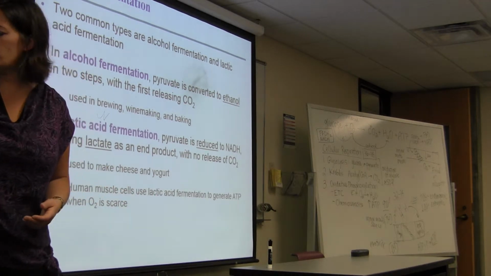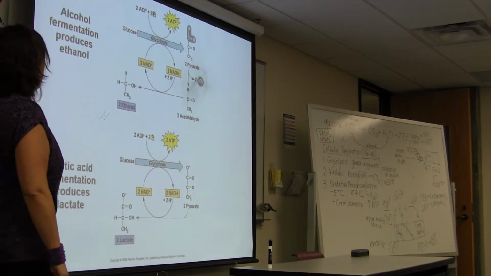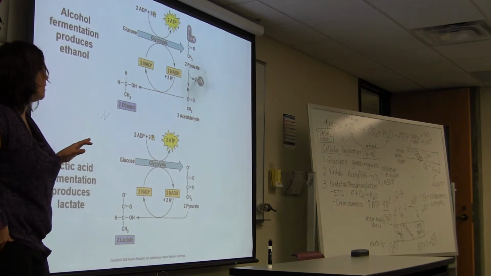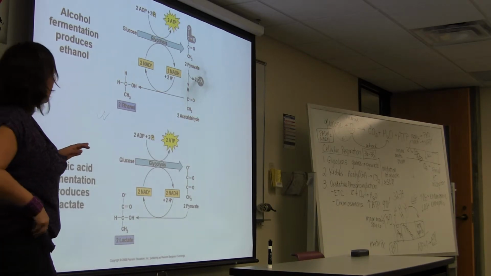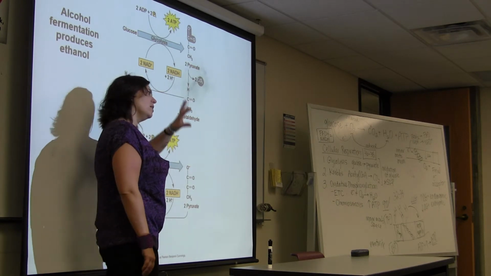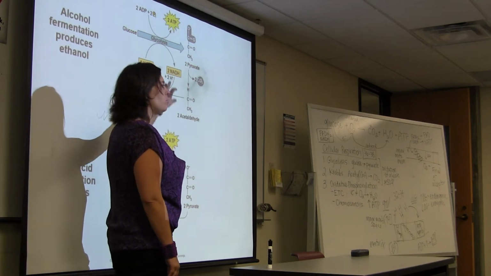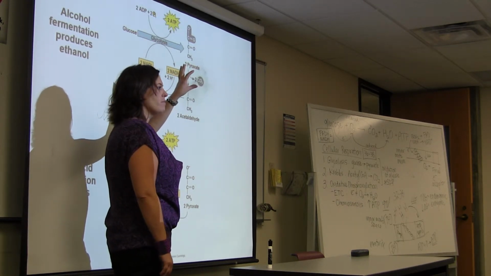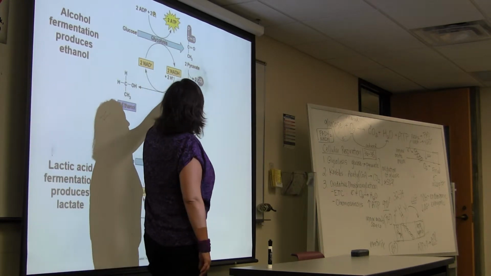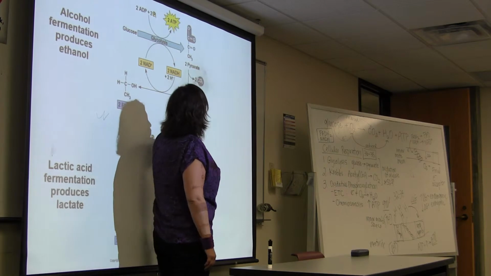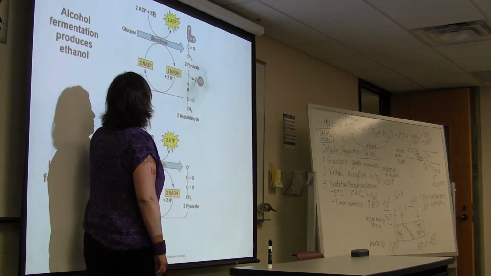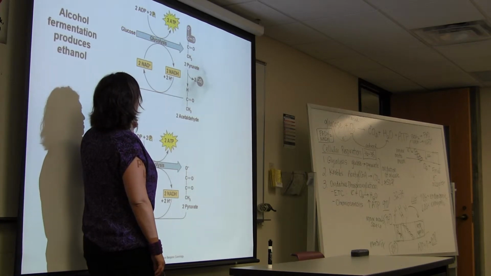All right, so anyways, let's go back and look at both types of fermentation. The top one is going to be alcohol fermentation. And again, in both of these processes, glycolysis occurs beforehand, so you're always going to end up with those 2 pyruvates. Now in fermentation, that pyruvate molecule will be rearranged into various different molecules in order to produce ethanol.